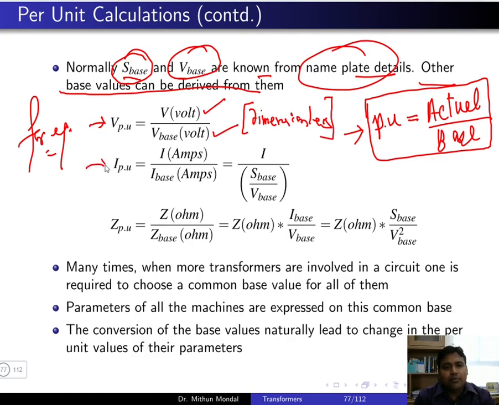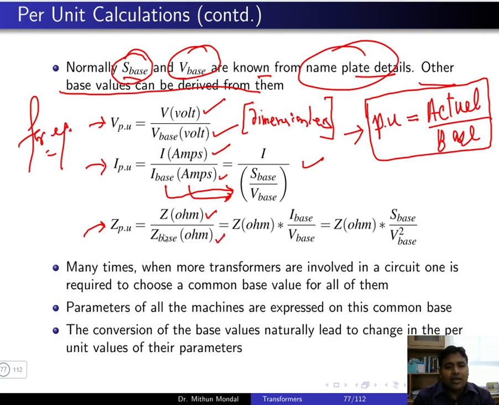Similarly, the per unit current can be calculated as the actual current divided by the base value of the current. We can write the current base as the S base by voltage base, right? So the current per unit is the current divided by S base by voltage base. Now Z per unit, that is the impedance per unit, is the actual value of the impedance divided by the base value of the impedance.